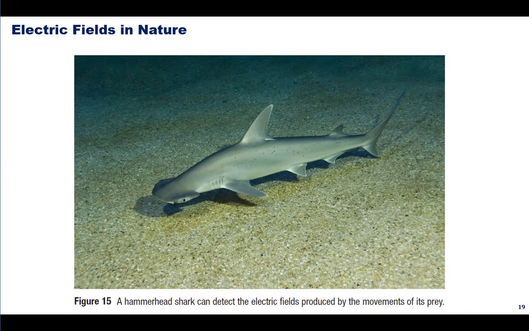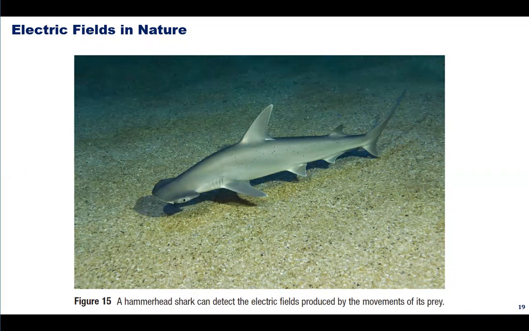The hammerhead shark swims close to the sandy ocean floor, which is shown here in this figure. It preys on goby, small fish that hide in sand-covered holes. The goby produce electric fields from muscular movements of its fins or gills.